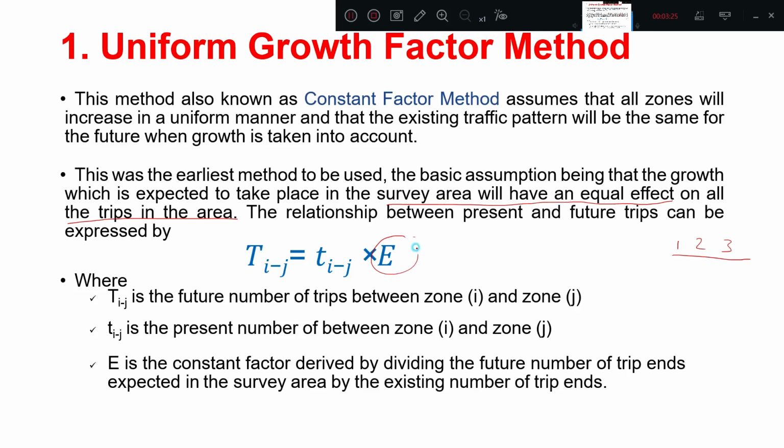Capital Tij is the future number of trips between zones I and J, and small tij is the present number of trips between zones I and J. Capital E is the constant factor derived by dividing the future number of trips by the present number of trips. So this is a simple formula: capital Tij is equal to small tij into the growth factor constant capital E.